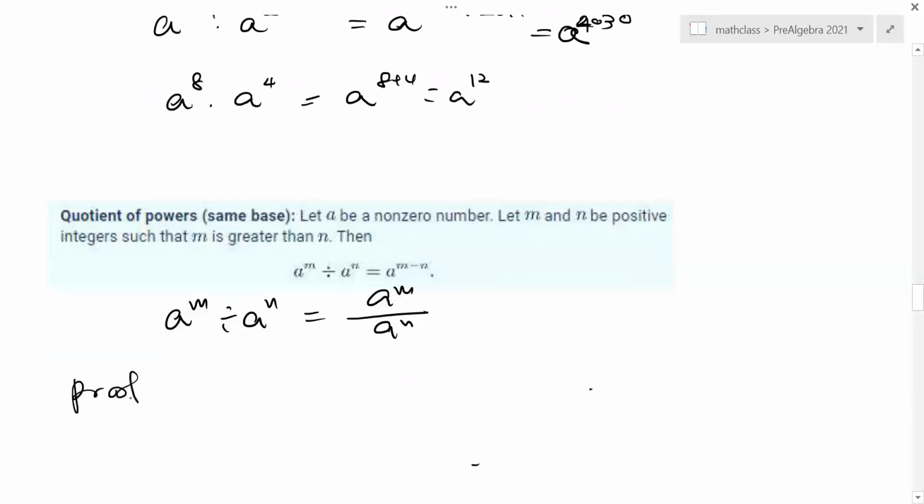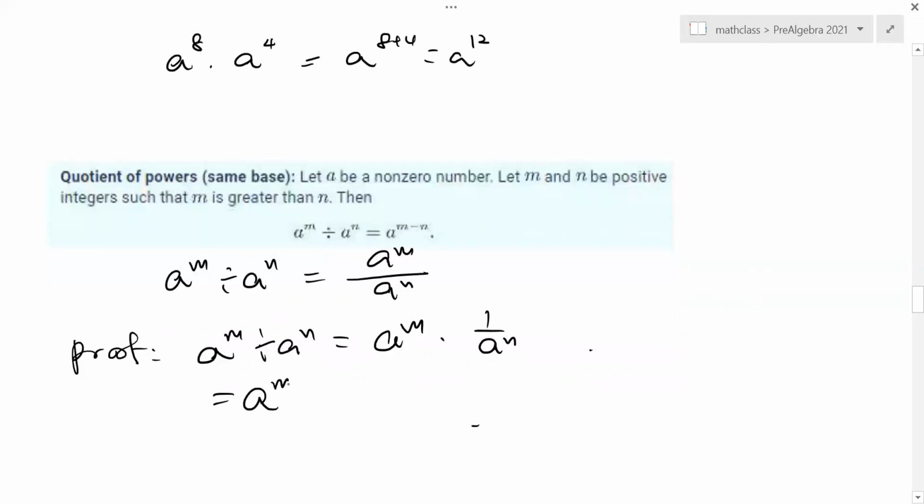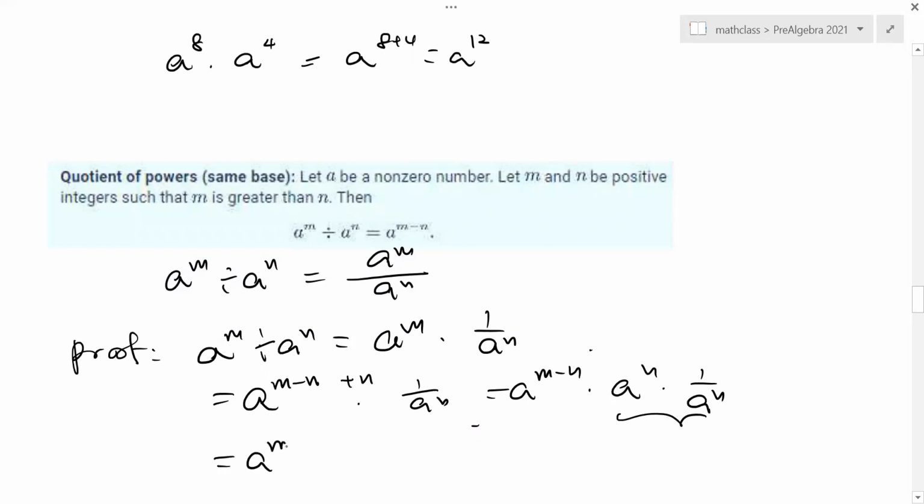Here is how we prove it. By definition, this is a product of those two, and m is written as m minus n plus n. Using the above formula, this group together is going to be 1, then a to the m minus n.